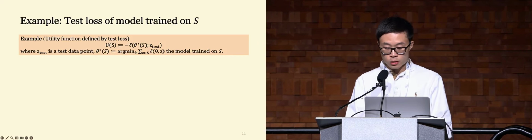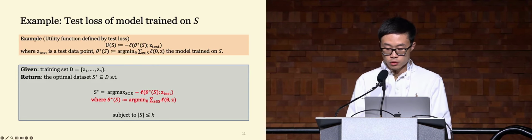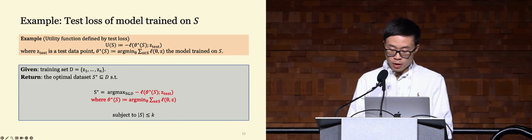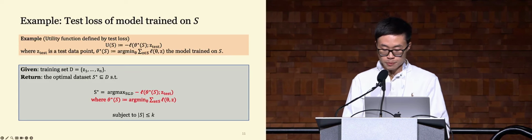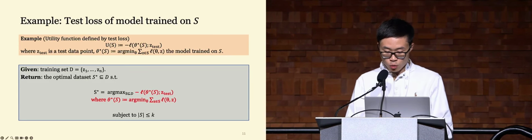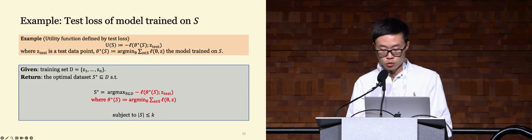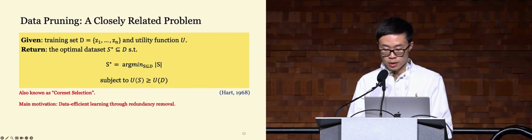So we start with our training set, apply our learning algorithm to get a trained model, evaluate it using our chosen metric, and get back a utility score. This utility score tells us how useful that particular dataset is for our task. For example, one of the most widely used utility functions in the literature is the loss of the trained model on a test set.